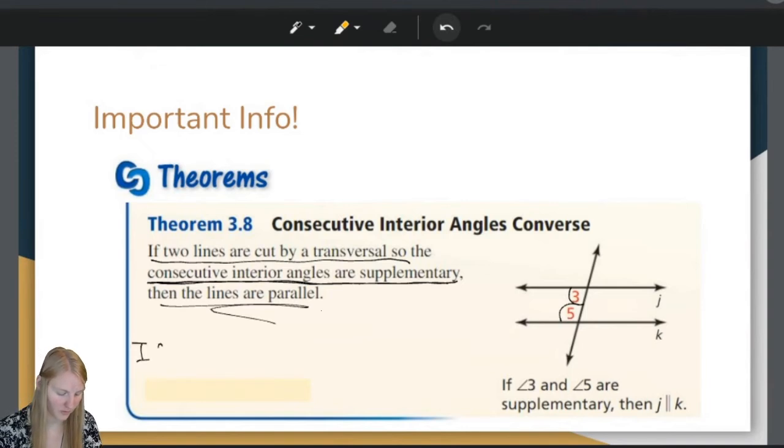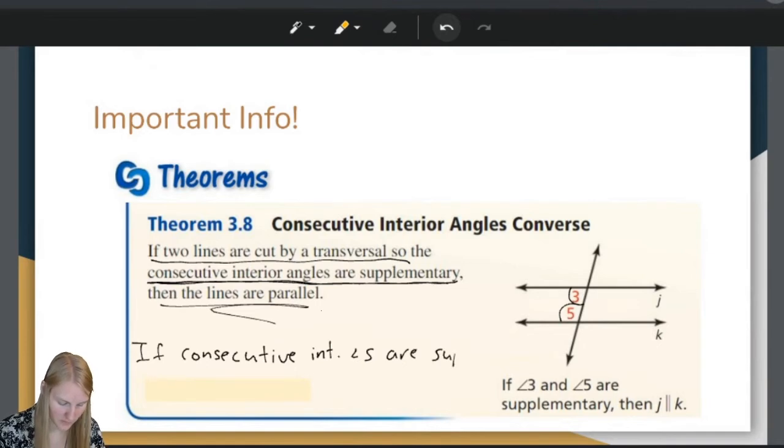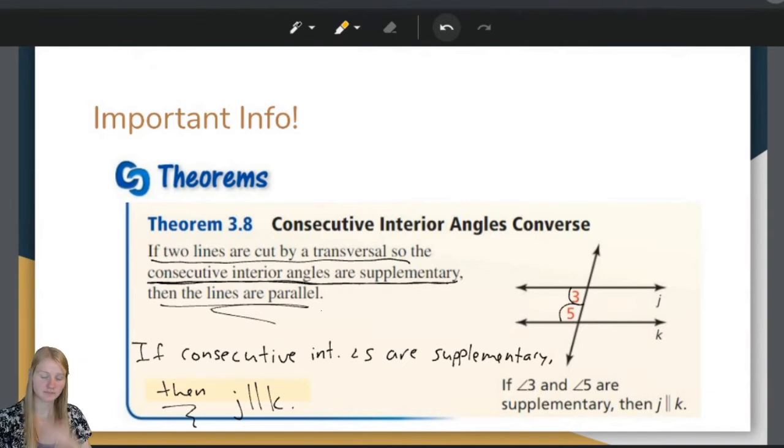So if consecutive interior angles are supplementary, then J and K are parallel.